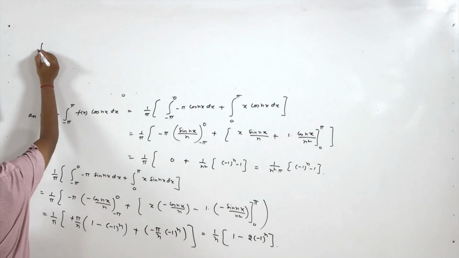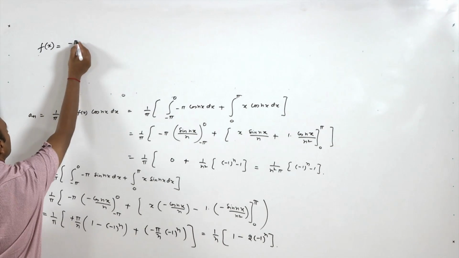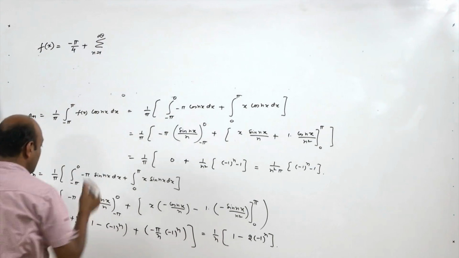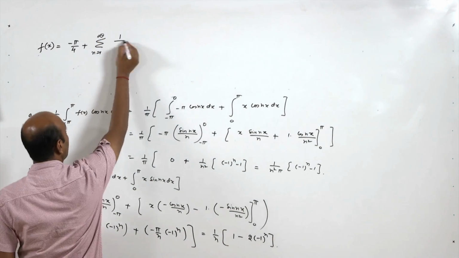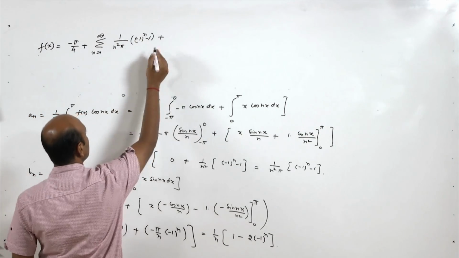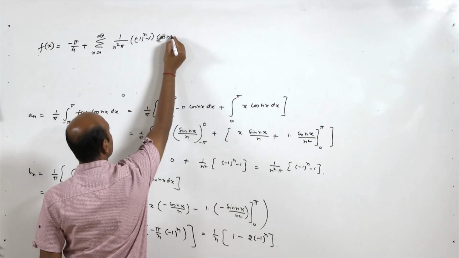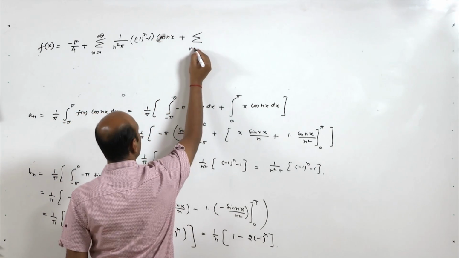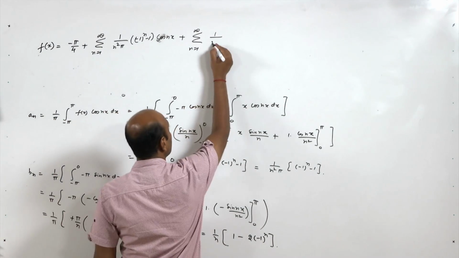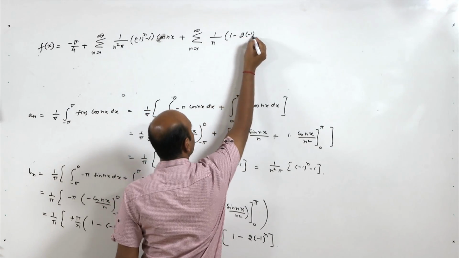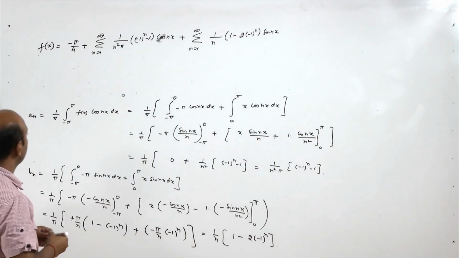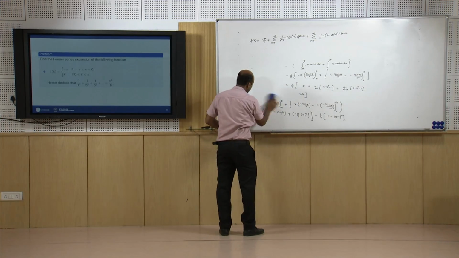So, the Fourier series of f x will be a naught by 2 plus summation n from 1 to infinity of 1 upon n square pi into minus 1 to the power n minus 1 into cos n x, plus summation n from 1 to infinity of 1 upon n into 1 minus 2 into minus 1 to the power n into sin n x. So, this is the Fourier series of f x which we obtain after simplifying.